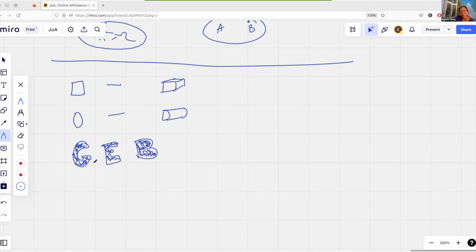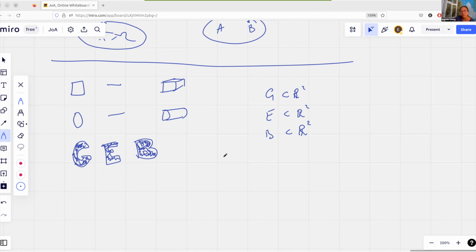So these sets are called G, that's a subset of R2, E is also a subset of R2, and B is also a subset of R2. What we're looking for is a subset of R cubed such that when you project it in each direction, you get G, E, and B.